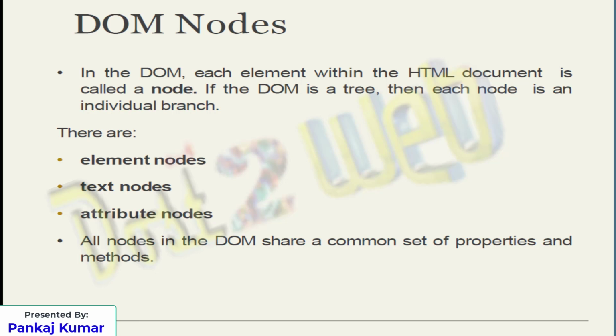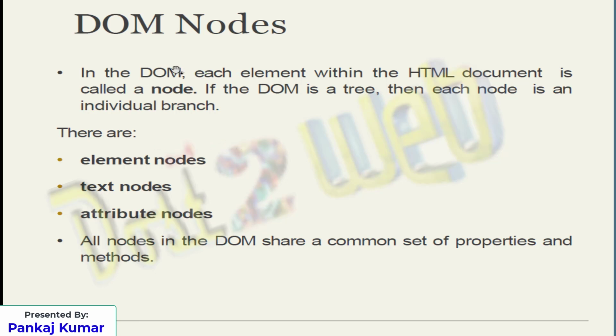If the DOM is a tree, then each node is an individual branch. Every individual node has its own branches. Like you have used head. Head is a node, but its branches are the title tag and meta tag, and you can even use the script tag. These are considered under the DOM tree.